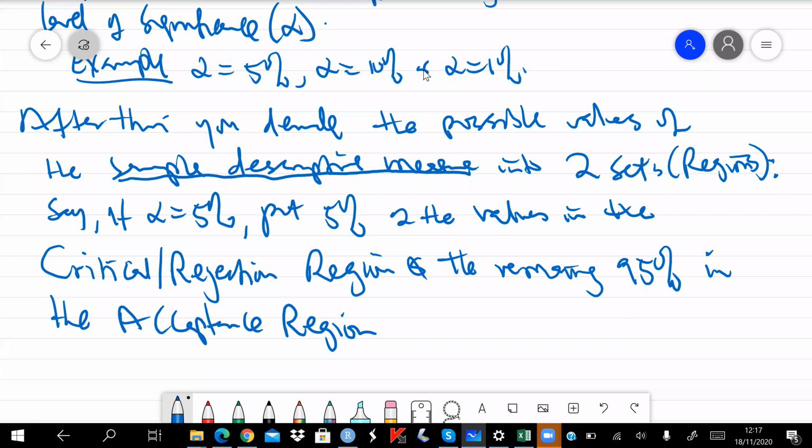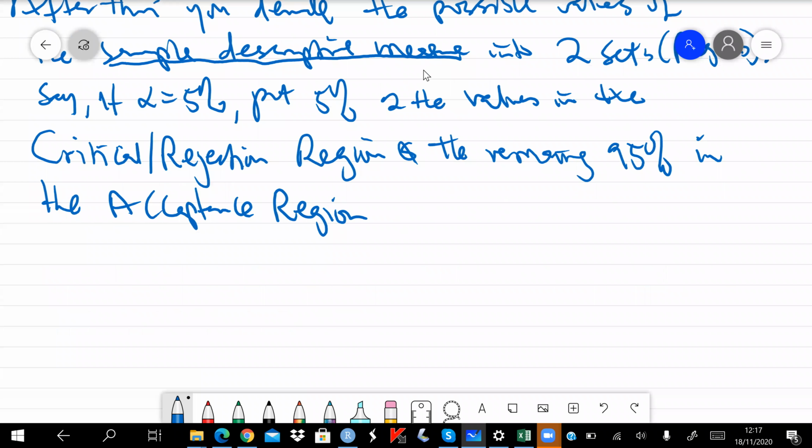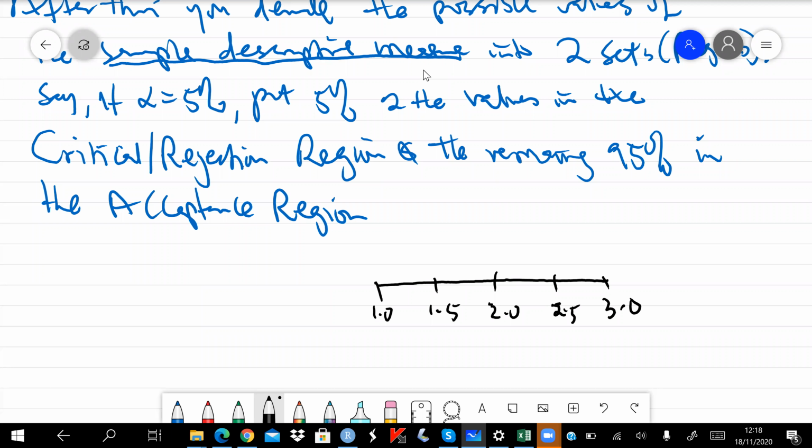Okay, so we can illustrate. Let's recall the example that we did earlier on, where we had X bar taking the values 2.5 and 3.0. And we said that the distribution of X bar is actually normal like that. From this distribution, you divide the possible values of X bar into two sets. You can, for instance, put that as the border point, and then you say that this is 5%.